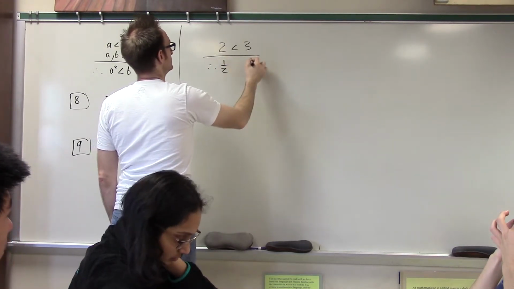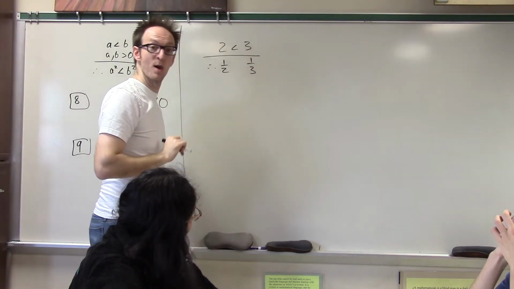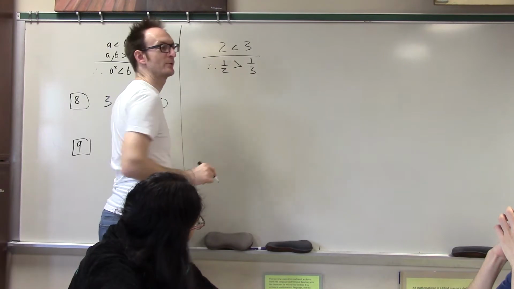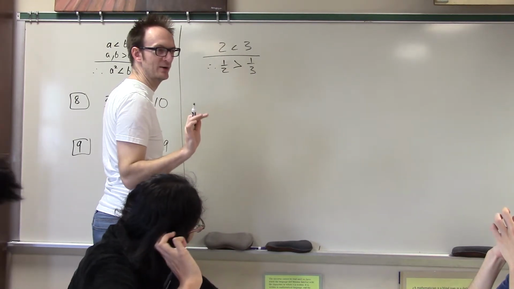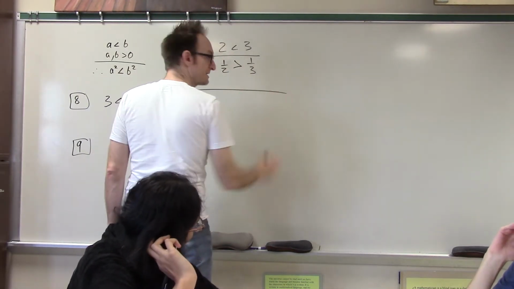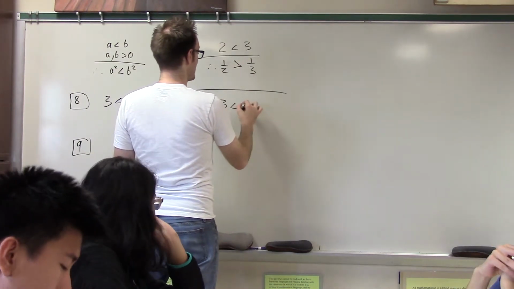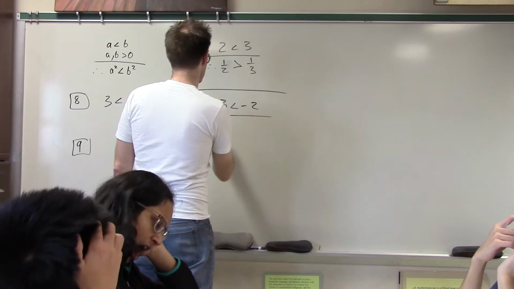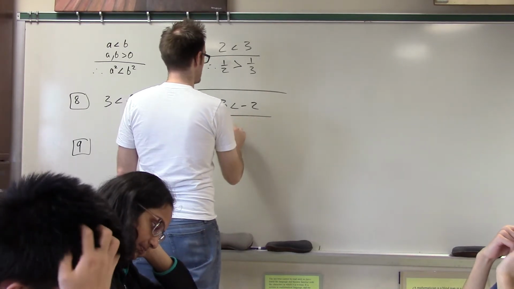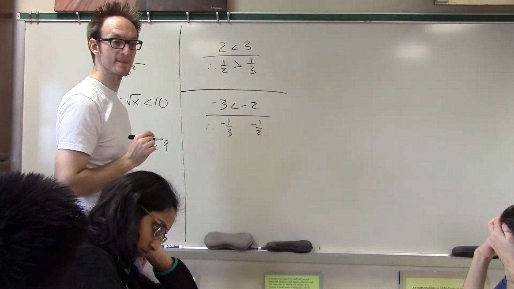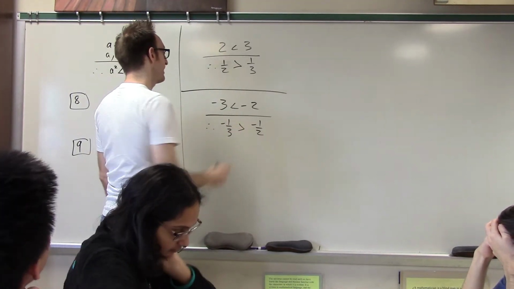The sign flips, yeah. 1/2 is bigger than 1/3. Does everyone agree that that's just correct logic? Good. All right, next. How about if they're both negative? How about the fact that -3 is less than -2, which is a true fact? What is the relationship between -1/3 and -1/2? Yeah. -1/3 is greater than -1/2. It is. All right.